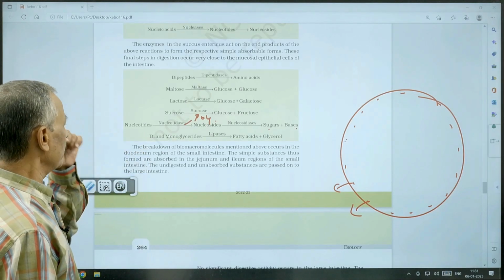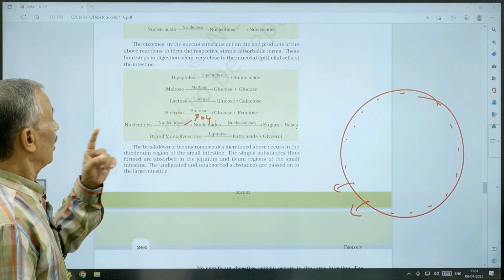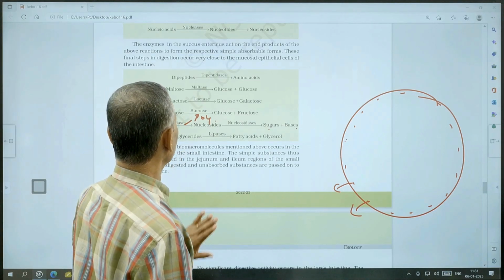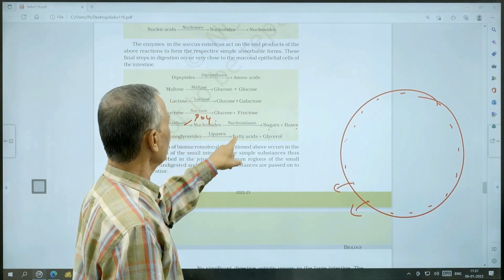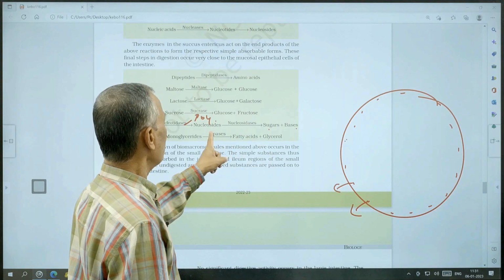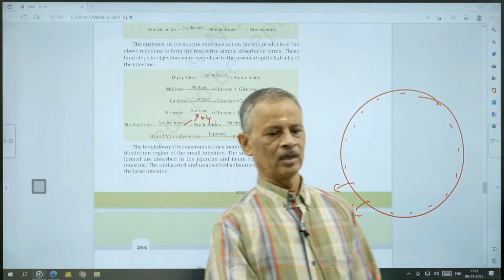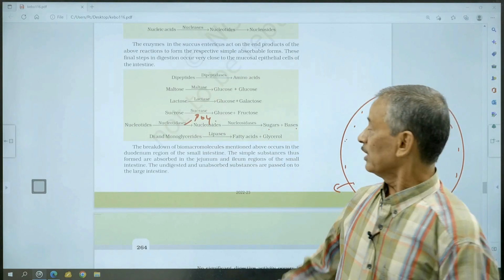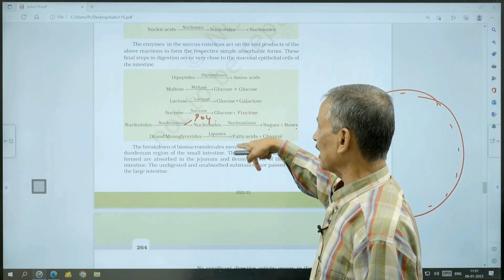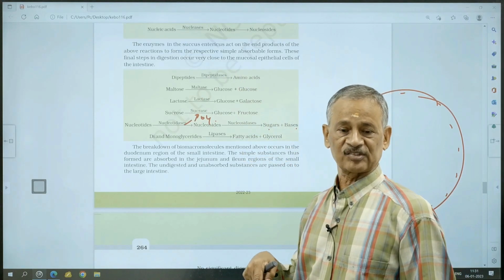Finally, you have di- and monoglycerides of the lipids, which are finally converted into the smallest units, namely fatty acids and glycerol, by intestinal lipases. You have lipases both in the pancreas and the small intestine, that is, succus entericus.